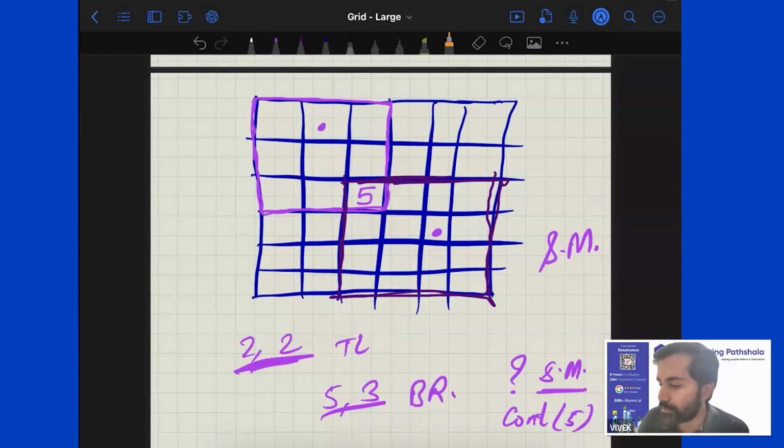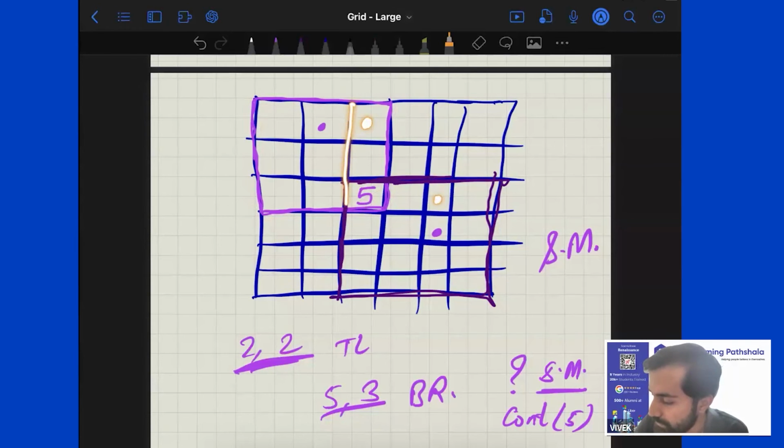I can tell you that any submatrix whose top left is chosen from one of these cells and bottom right is chosen from one of these cells will definitely pass through this cell. Why? Because it is an intersection of this and that. You just consider anything that you want. Let's say your top left is this and bottom right is that.